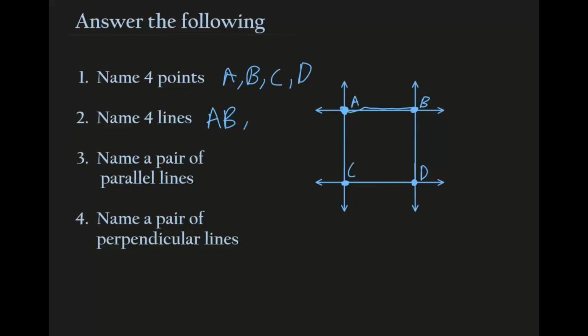And then we have another line from B to D. So next one could be BD. Then we have another line from C to D or D to C. So you can either name it CD or DC. And also these, you can name them BA, DB, it doesn't matter, the order. But it just needs to be right. Then we have AC.